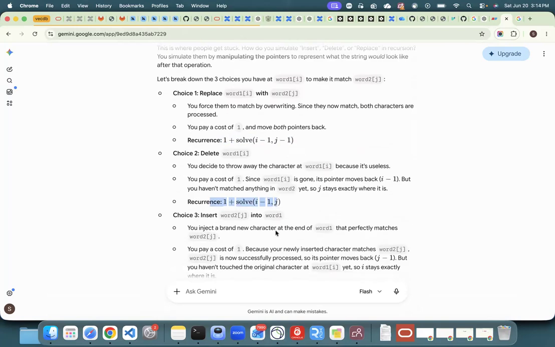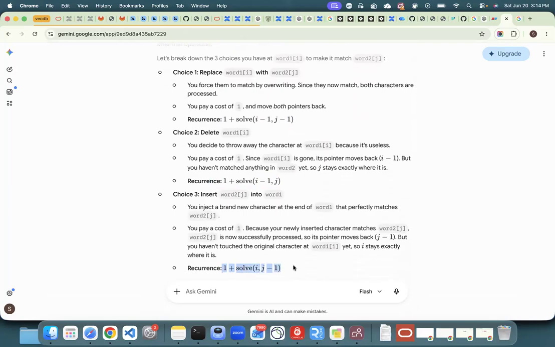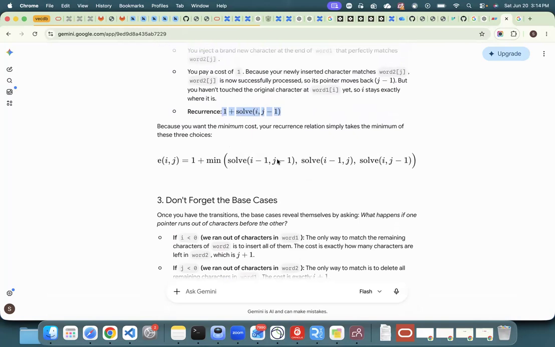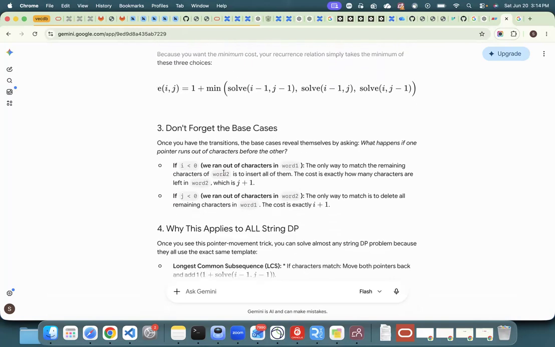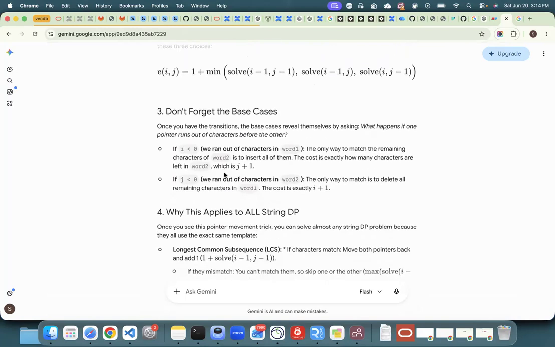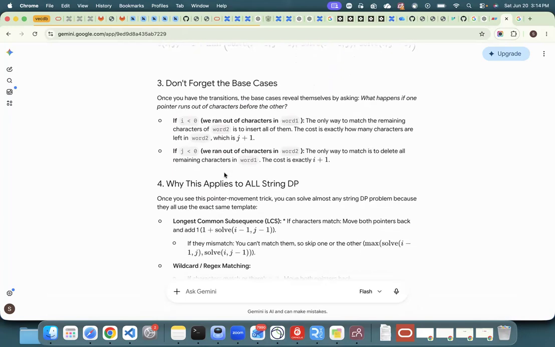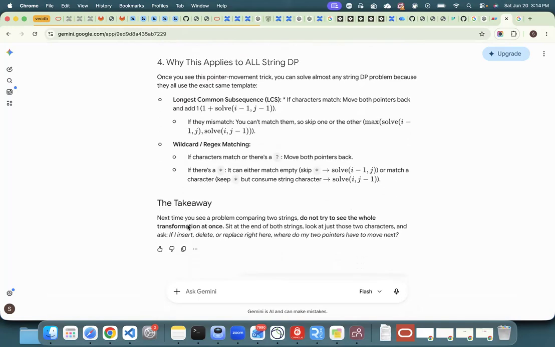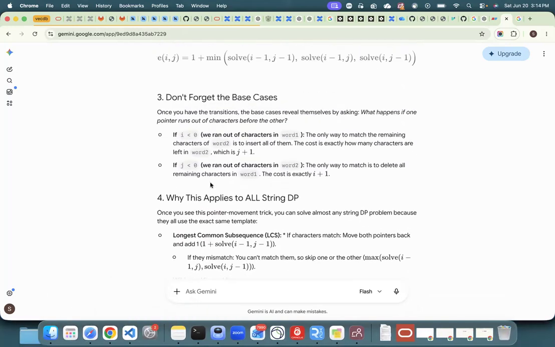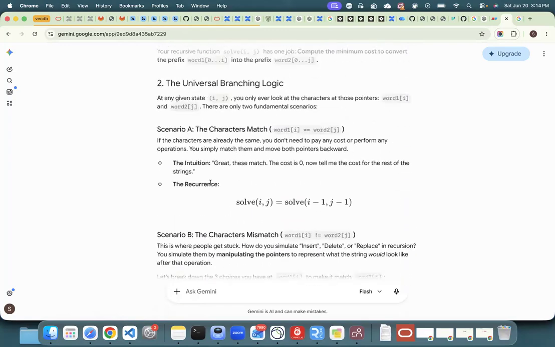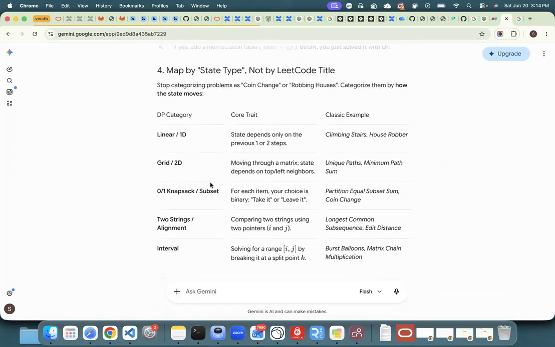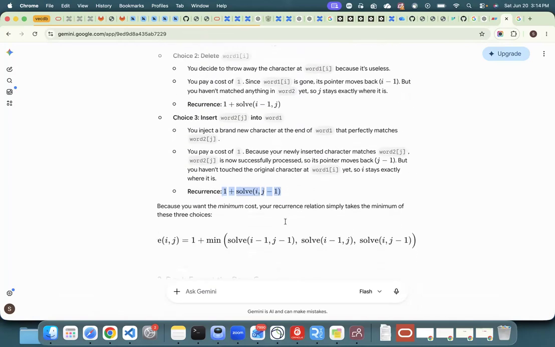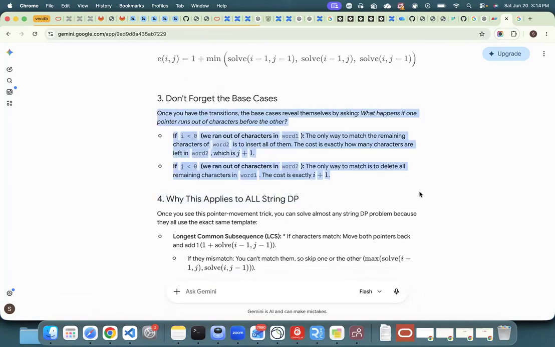These are the logics, and you'll just need to get the minimum of all of these. And from here, the DP is inevitable. Branching logic. Next, the base case.